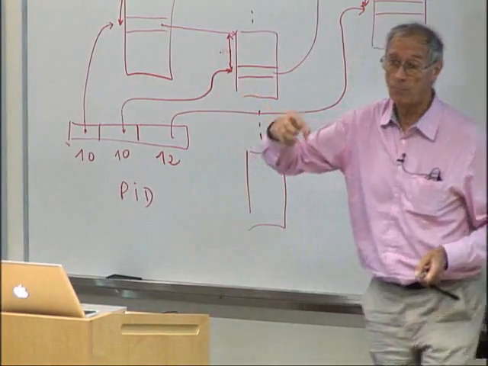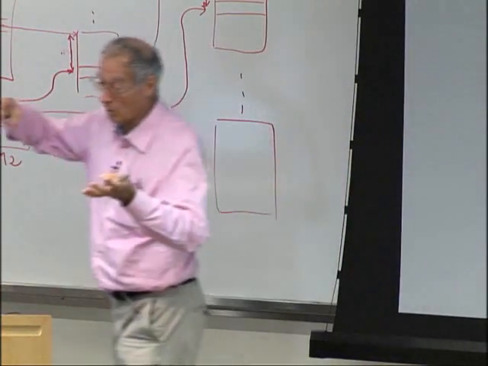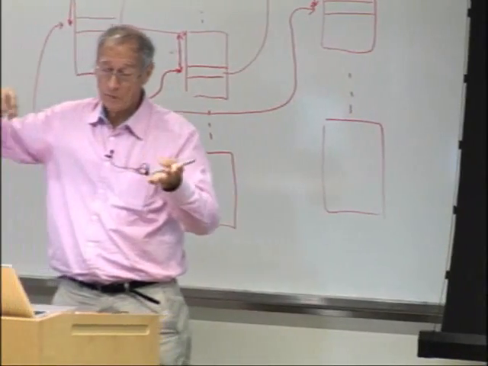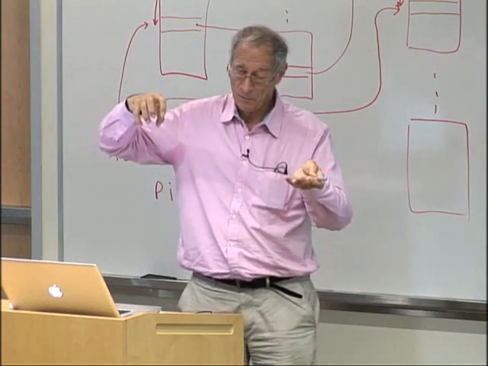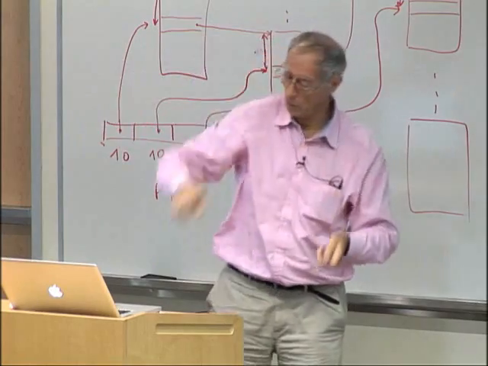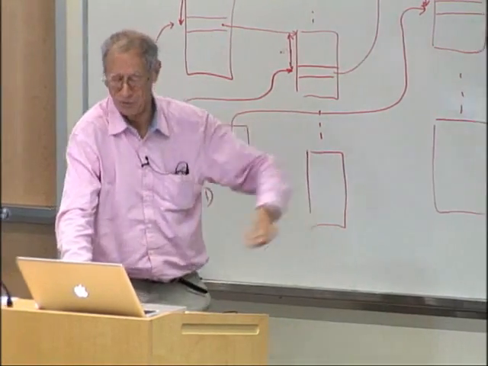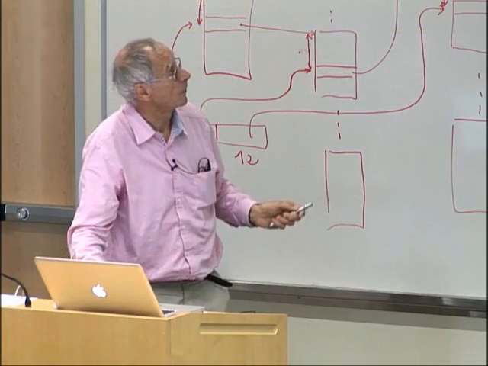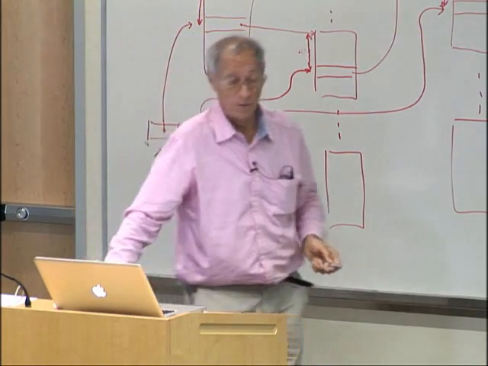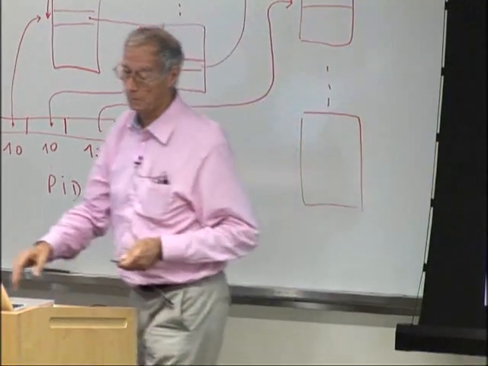But of course, for a pending interrupt to interrupt an interrupt that is now treated by the guest, by the OS, it has to have a higher priority. So it goes on top of it and becomes an interruption of the interruption. So among the active interrupts, this is the consequence of this thing: the one that is executed is the one with the highest priority.